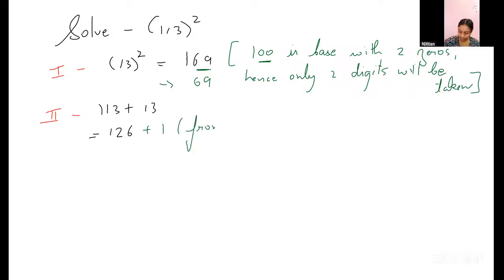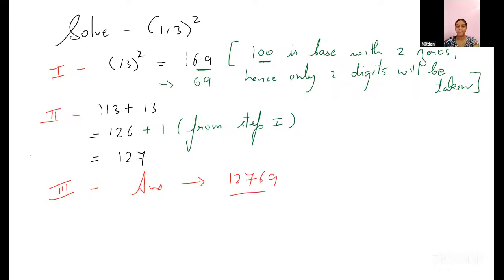So I'll have 127. That's my left side of the answer. Third step, put them together. Answer equals 12769. Got it?